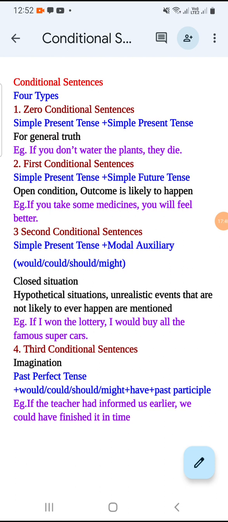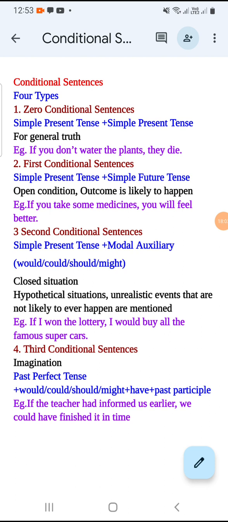Means the second conditional is used for closed situations, like hypothetical situations which we just assume, right? Unrealistic events that are not likely to ever happen are mentioned. So sometimes it is not going to happen, but we just assume.